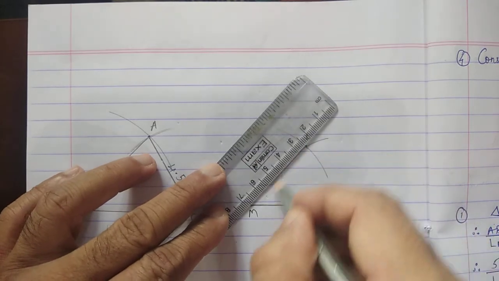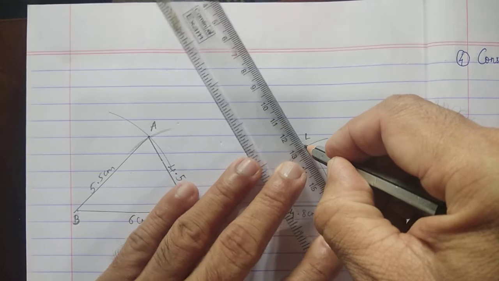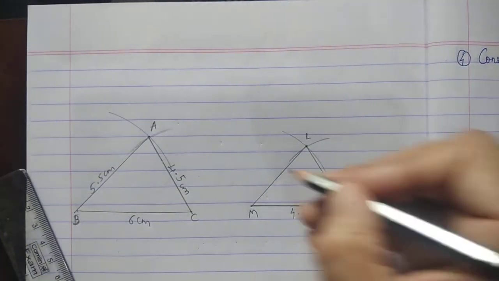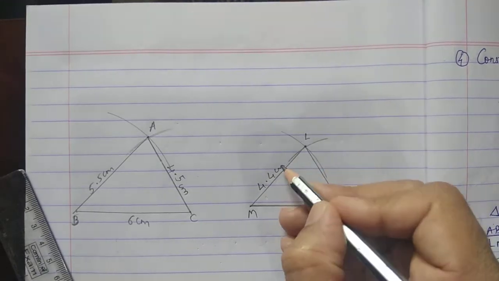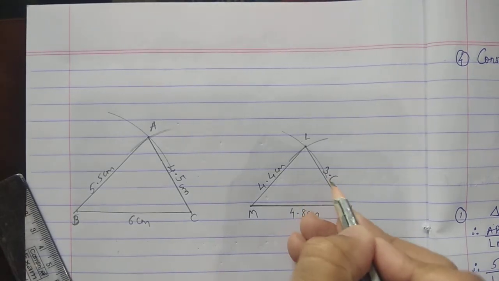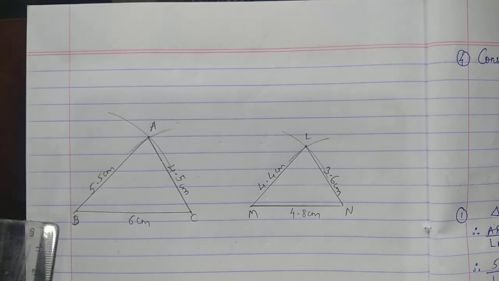So segment LM you will get. Another one is segment LN. Okay, so LM is 4.4 centimeter and this is 3.6 centimeter. Okay, this way you will draw a fair diagram.